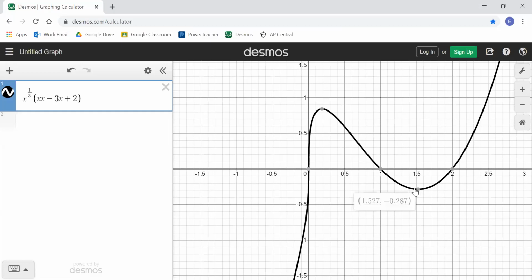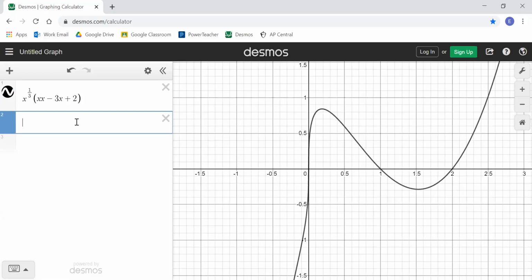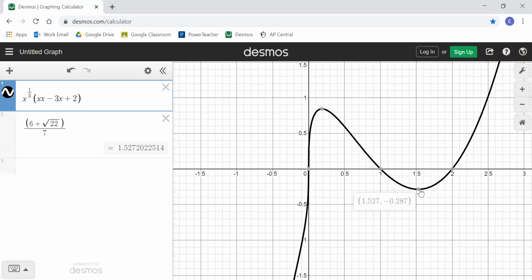And here is 1.527 where it should have a horizontal tangent line. Those values were supposed to be 6 plus the square root of 22, divided by 7, 1.527, that's exactly what we got there. And if we change it to a minus, 0.187, which is what we got there. Isn't that cool?